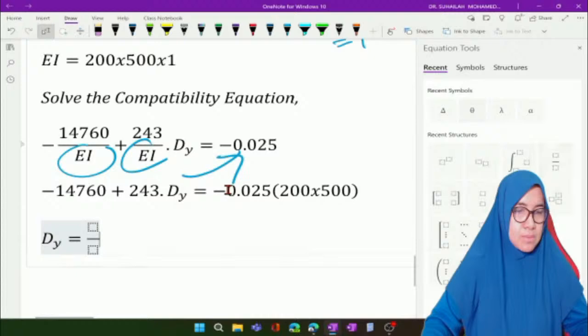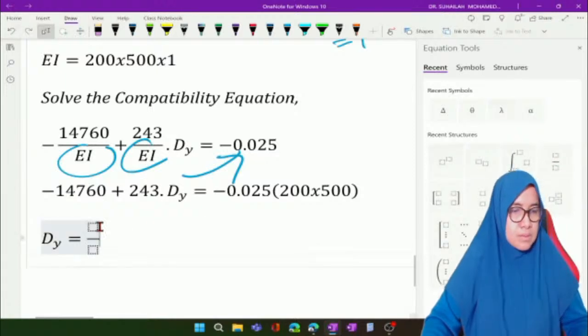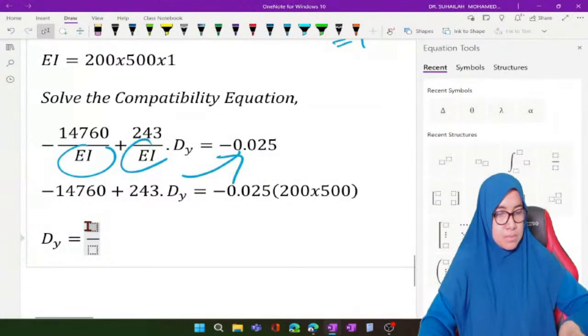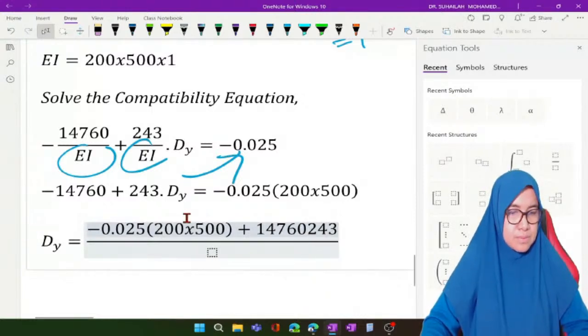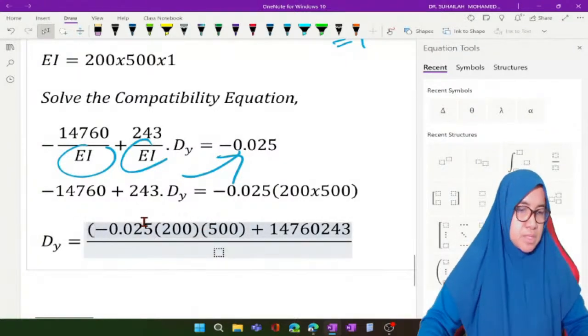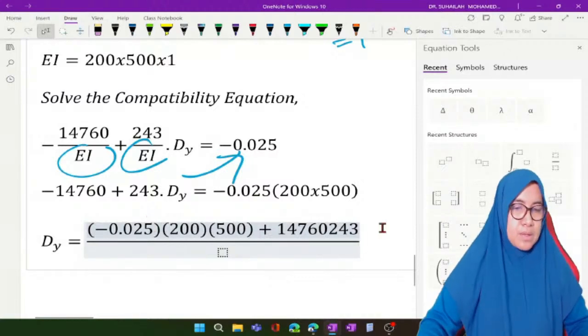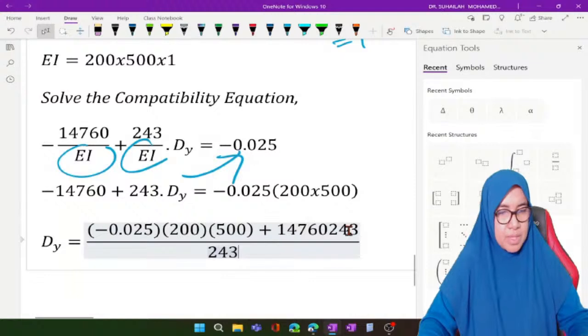Copy first. Divide by 243. So we have this. Divide by 243 here.